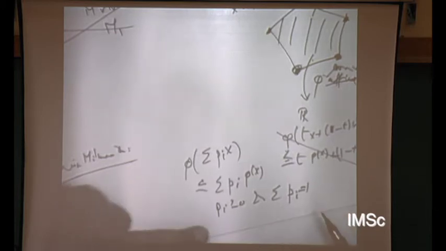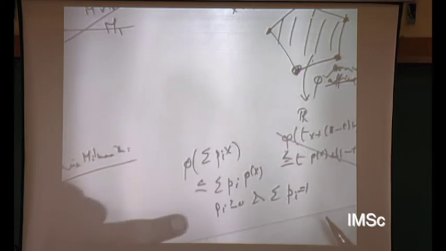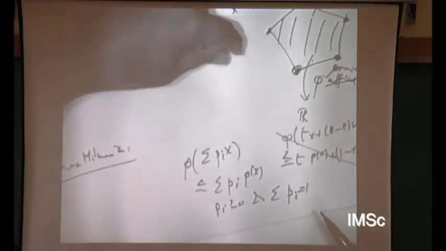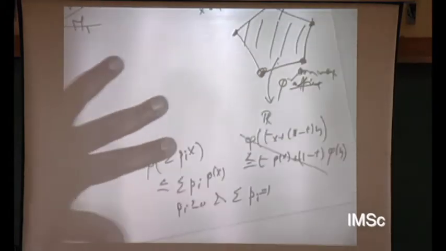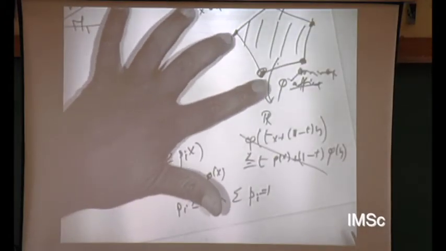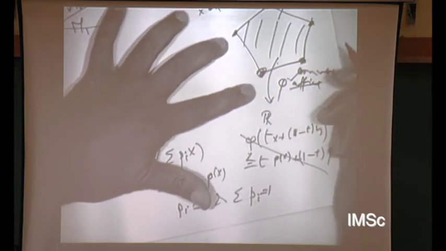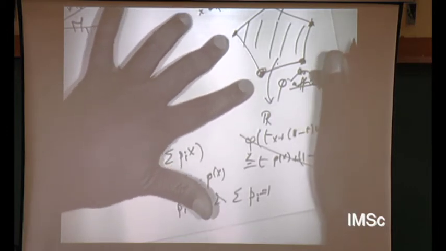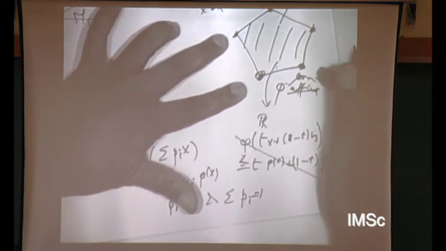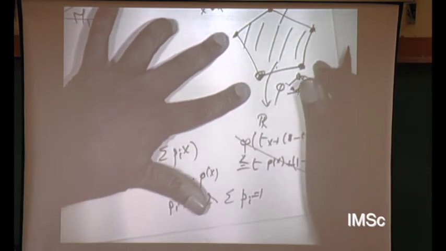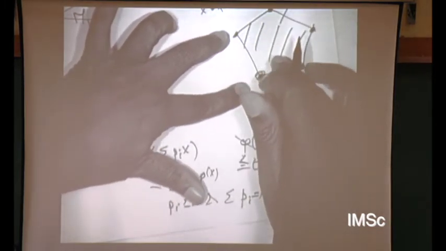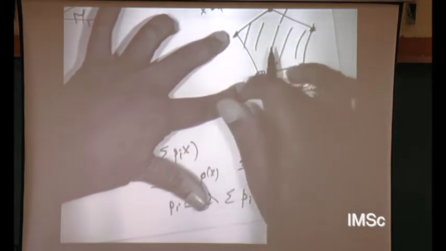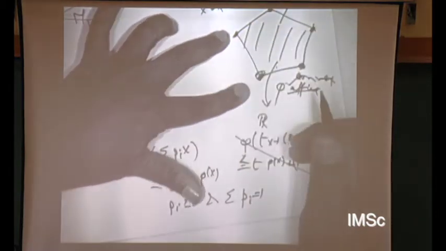Such a thing is called a convex combination. If you take a convex combination of points, one can actually show that in a silly example like this, any point inside this pentagon is expressible as a convex combination of the 5 vertices.